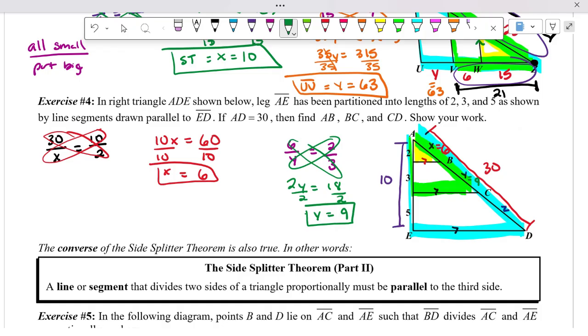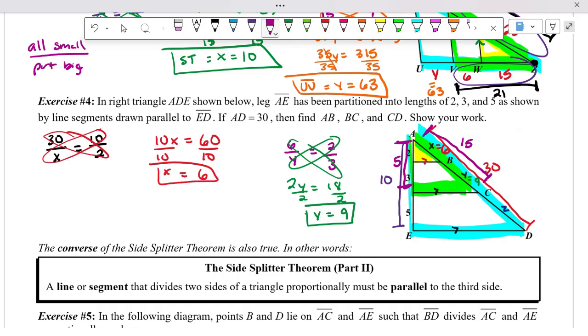Problem is with green, what do I have to do to the sides? Add them. So, for the green, I got to add the 6 and the 9, and I get 15. And on the other side, I got to add the 2 and the 3, which is 5.